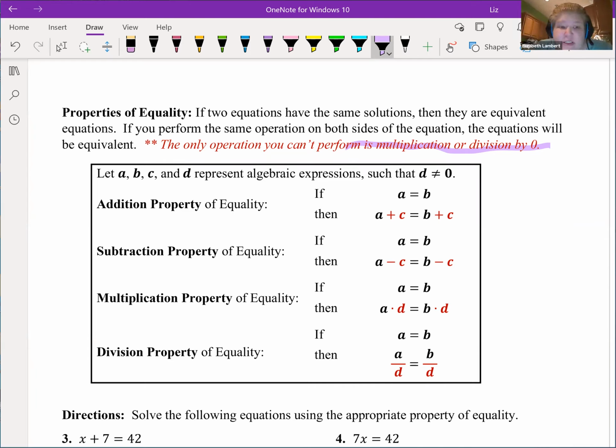All right, so that's what each of these properties of equality are. You can add the same thing to both sides, subtract the same thing from both sides, multiply the same thing to both sides, divide the same thing to both sides as long as it's not 0. And the thing can be anything algebraic. A lot of times it'll be numbers, but sometimes it can be variables.